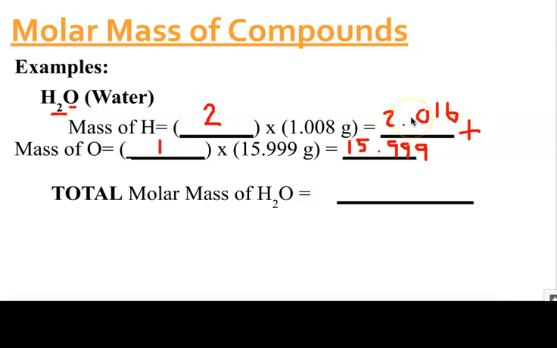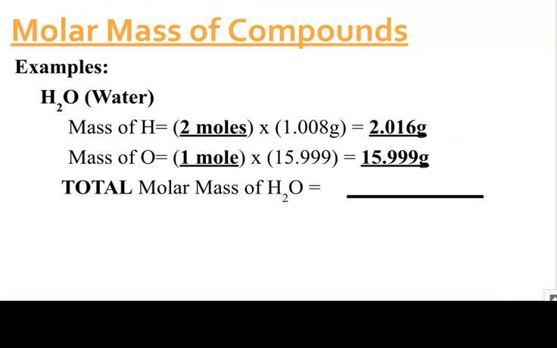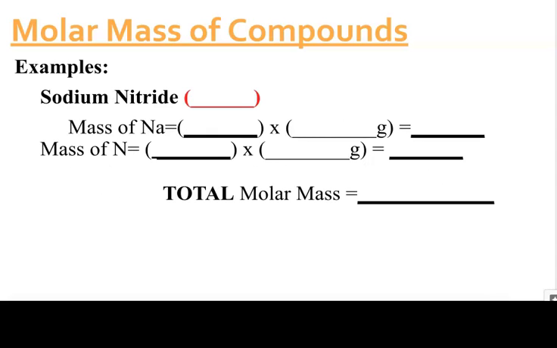So I'm going to take that 2.016 plus 15.999, and that will give me my total mass of H2O. So I can see my total right there. It is 18.015 grams per mole. And again, we don't want to do any rounding. Okay, we're going to keep all our digits there.